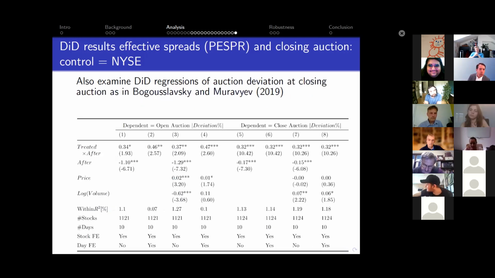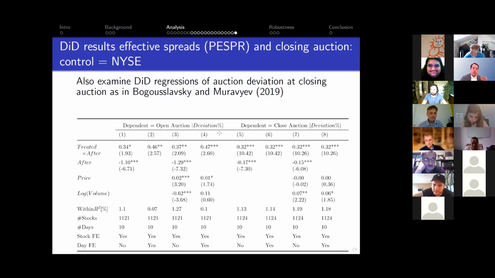Okay, so the last thing I'll show you in the main results, before I show you a little on reopening, is we also look at measures of auction closing, because again, you might think that the close is also a time when liquidity provision is more complicated. And so here what we're going to do is construct this measure of auction deviation. So basically, this is the difference between the auction price and the last continuous trading price.